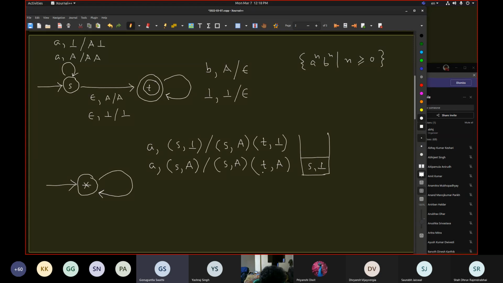This A cannot be popped in state S. Okay, and therefore I have to do something like this, but I am pushing this in order to indicate that this machine M is still in the push mode. Okay, so this is how I refresh this and this. Then I have to handle this.